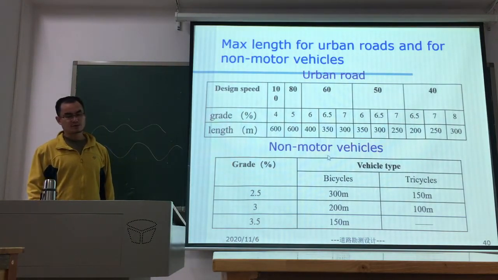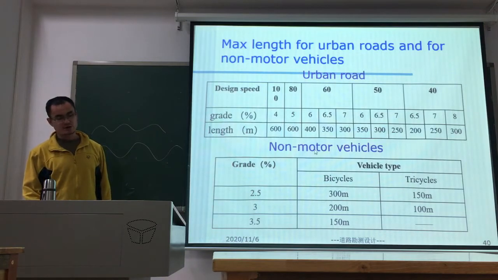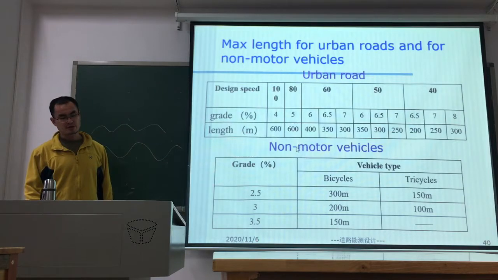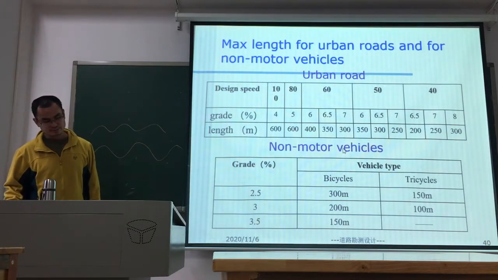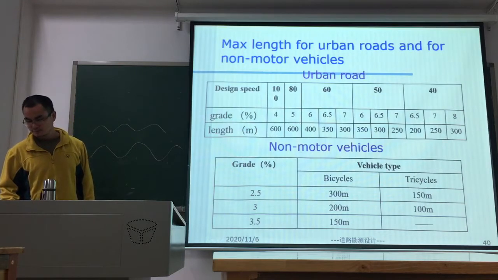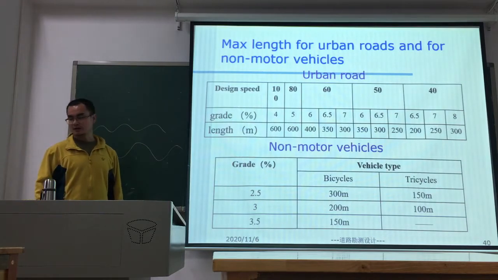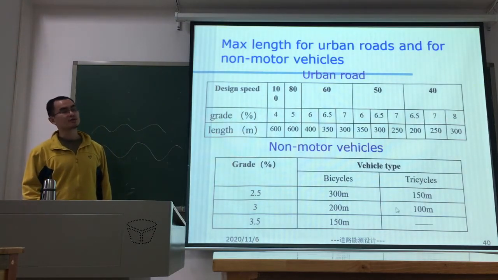This is the maximum grade length for non-motor vehicles. This is in Table 3.8, 3.9, on page 68.